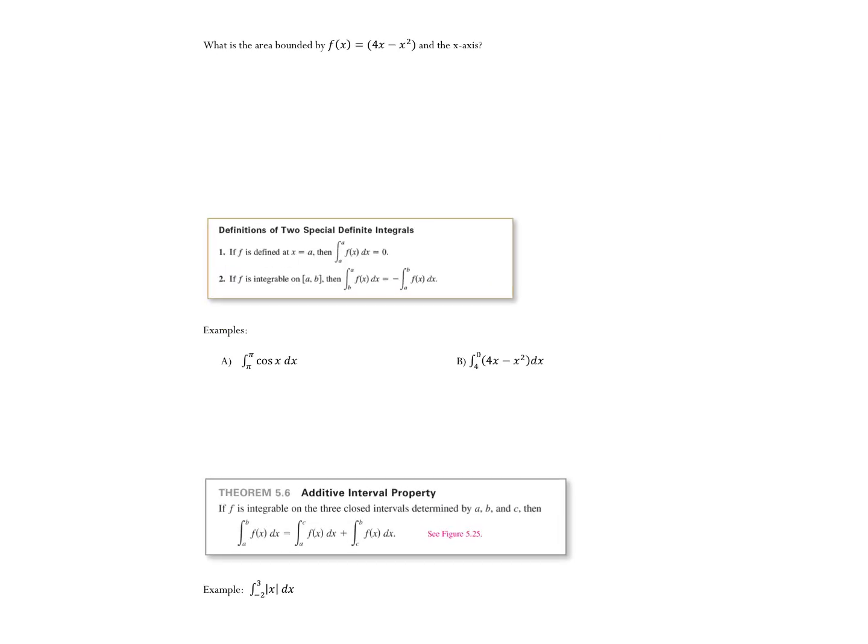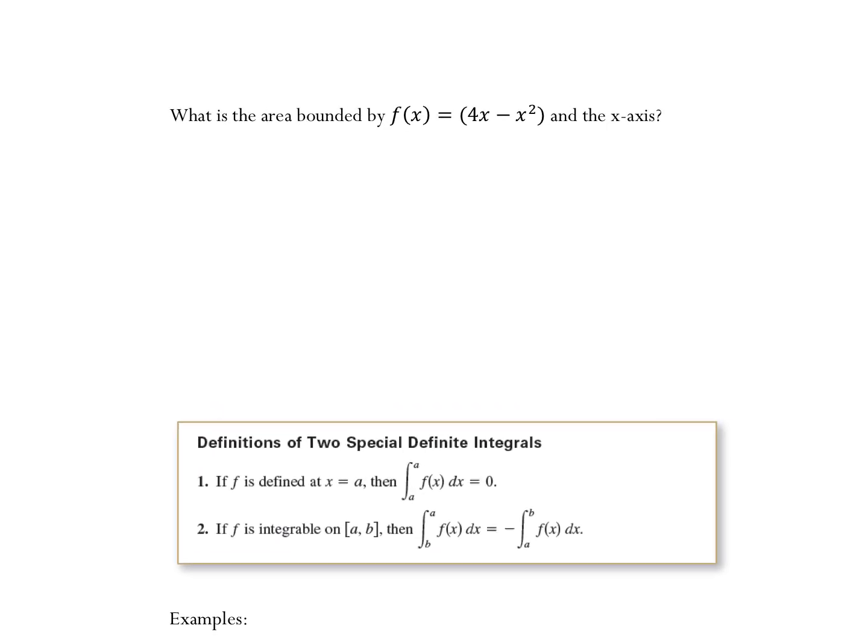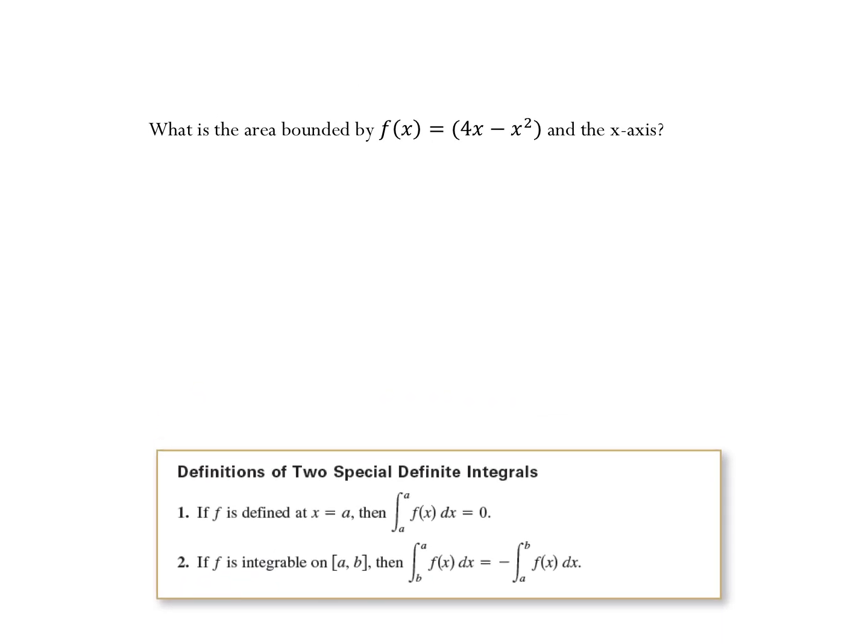Turn the page. When we get to one like this one, what does the graph of 4x minus x squared look like? It's a parabola, because it's got an x squared in it. It's upside down.